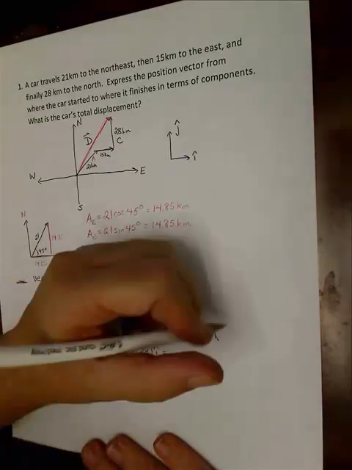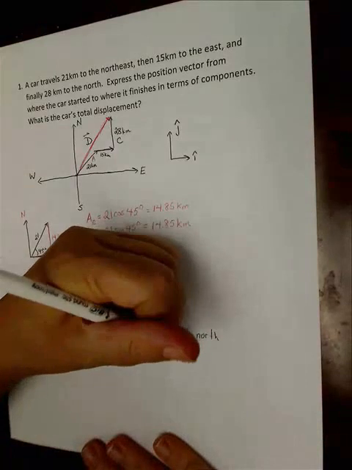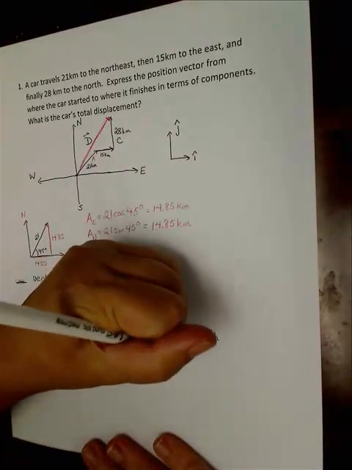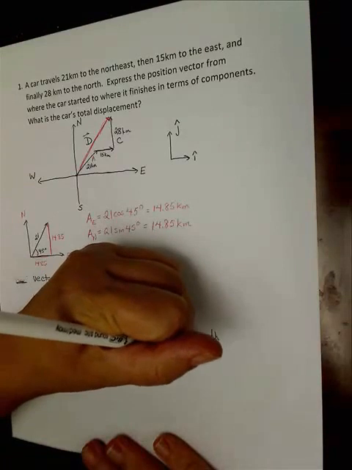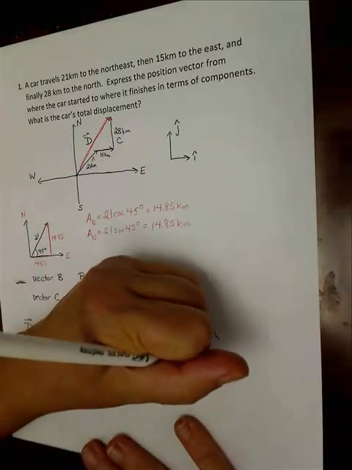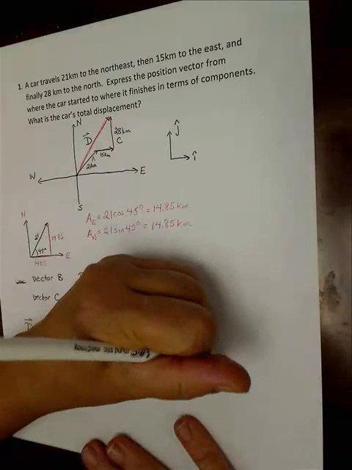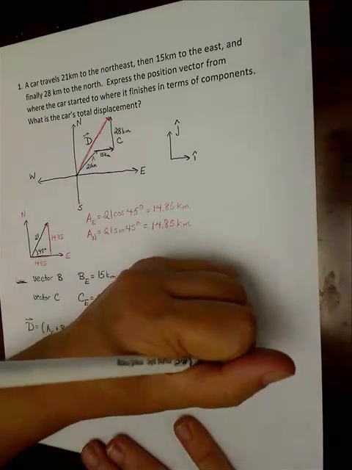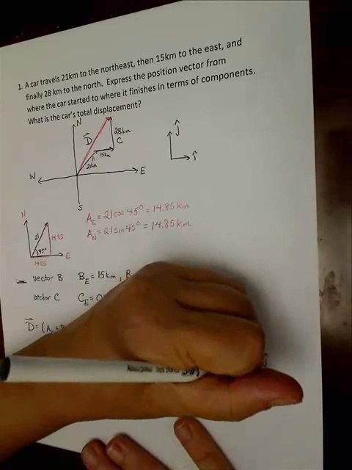So that is 29.85 to the east plus 42.85 to the north.